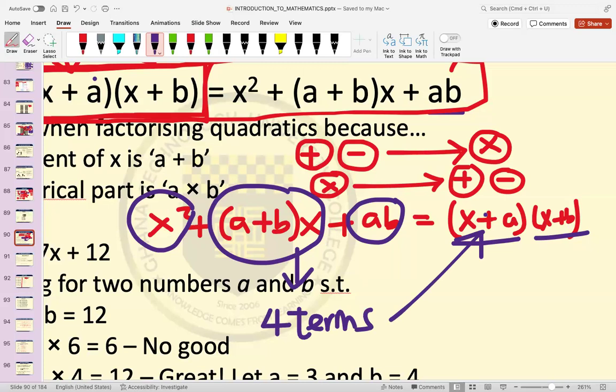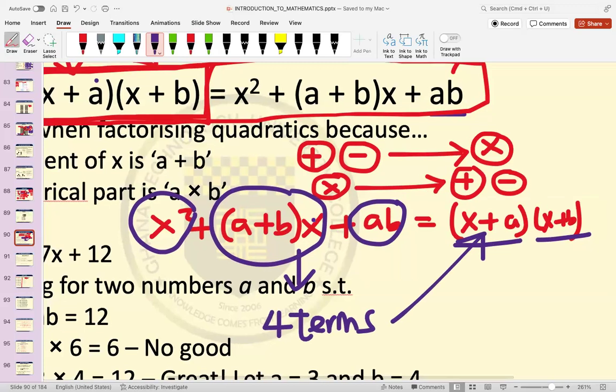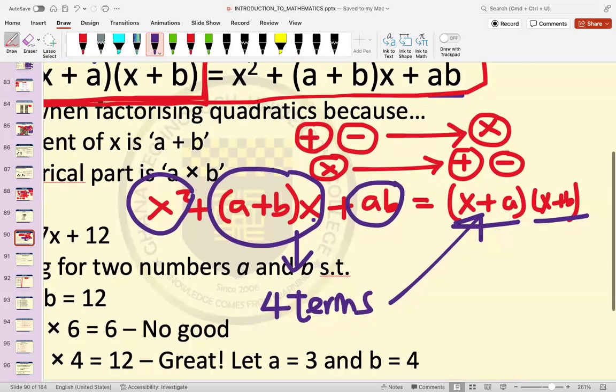But looking at my time, we can't proceed. I have 7 minutes more. I want to use it for question time. So let's end this one here. That God willing, next week, we are going to see how we can change these 3 terms into 4 terms in order to be able to match our answer on the right.